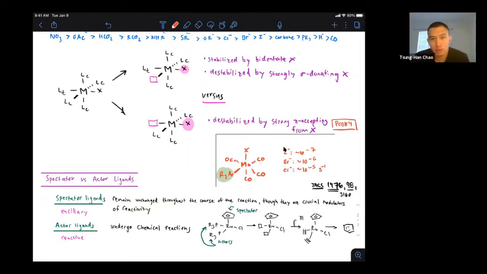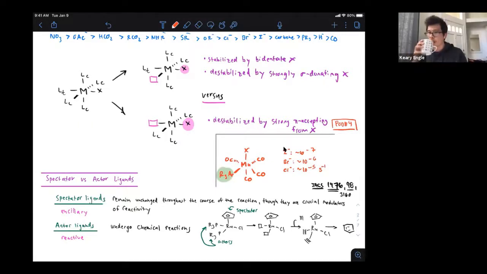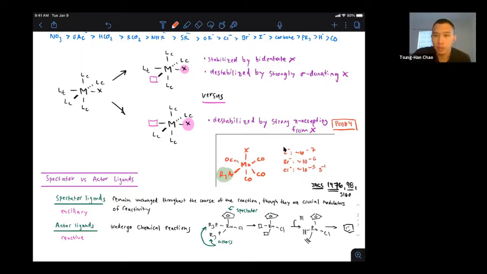Sorry, I have a question. Sure. I didn't really understand why the cis effect, the ligand will be destabilized by the sigma donating of X. Oh, so you're asking about this second bullet point? Yeah.